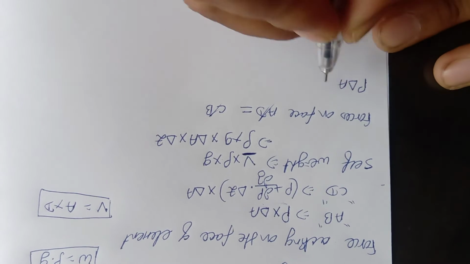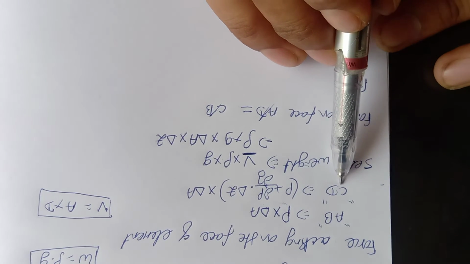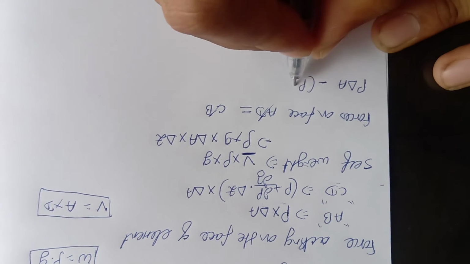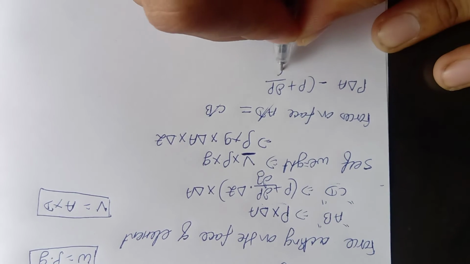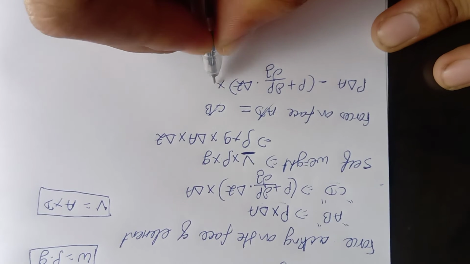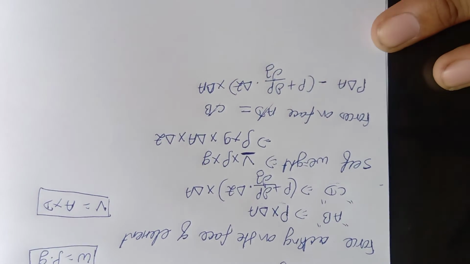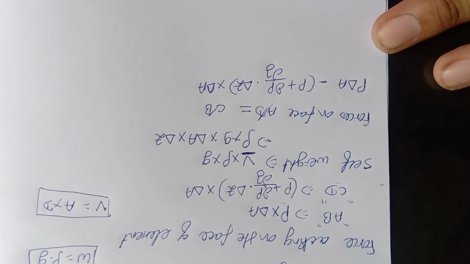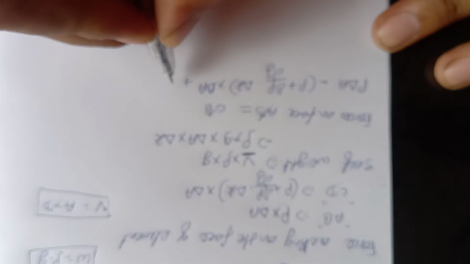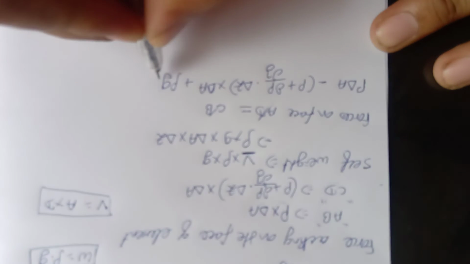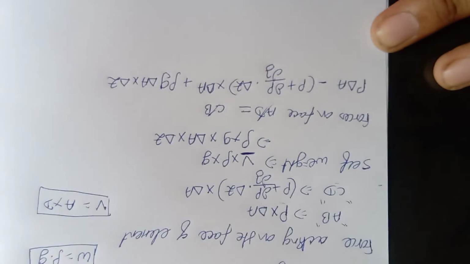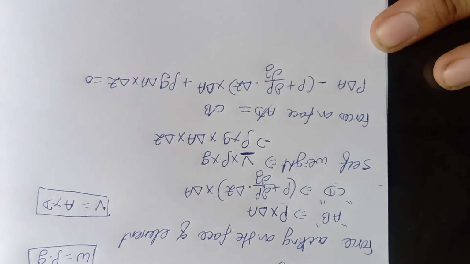Now the force on CD will be vertically upward, means negative, that is P plus dou P by dou Z into delta Z into delta A. Next, the self weight is always vertically downward, so positive: plus rho into G into delta A into delta Z. To be in equilibrium, it should be equal to 0.